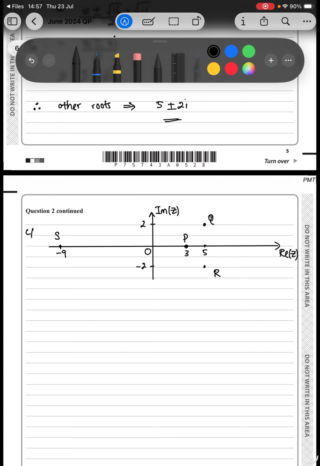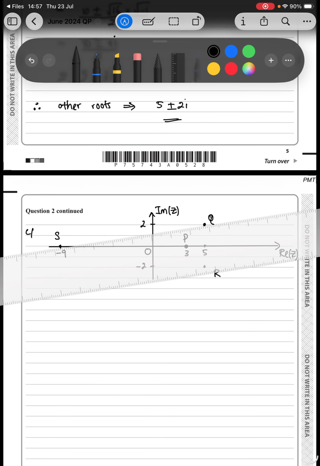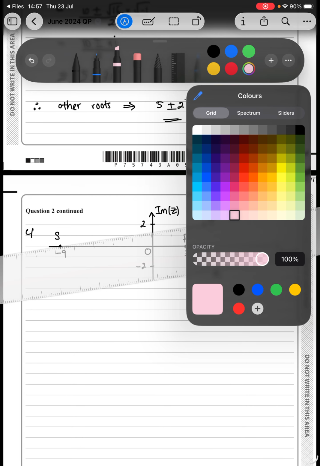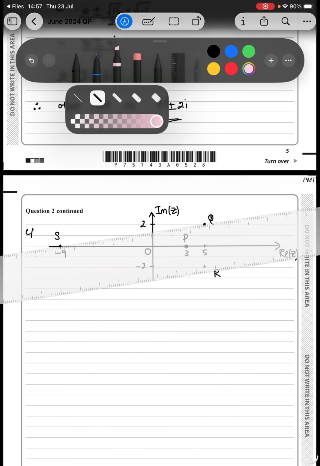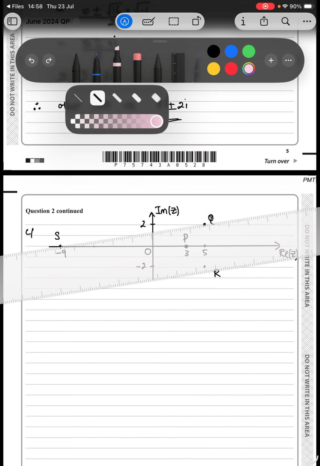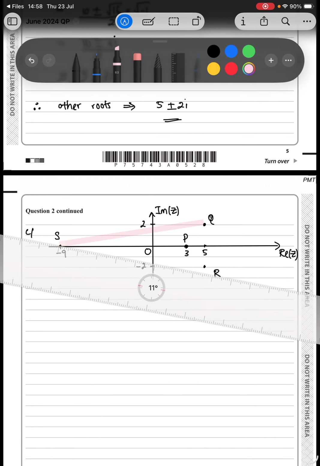So now I'll be needing my ruler. So I'll use the same Argand diagram.